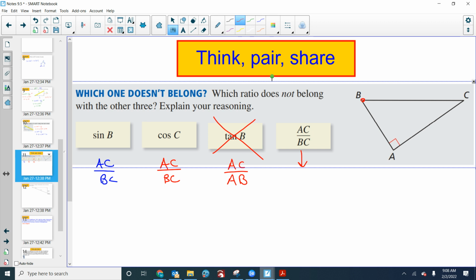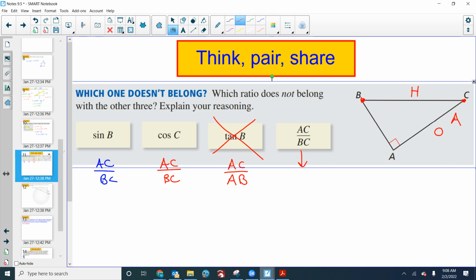All right, ready? Real quick, Ryan. Sine of B. It's this side over this side. AC over BC, right? That's the ratio. AC over BC. Cosine of C. This is the adjacent, and that's the hypotenuse. Same ratio. Same ratio. Different ratio. That's AC over AB.